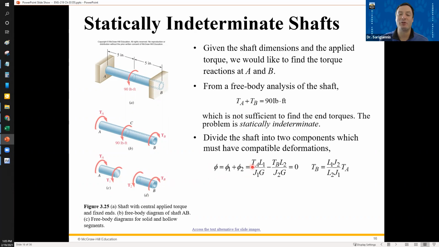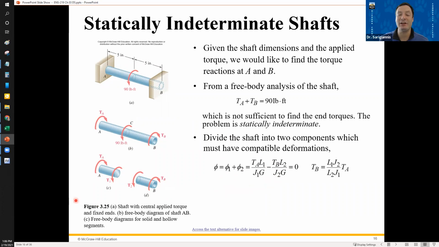And phi1 comes from the torque on A times the length, over J1, the polar modulus of this first section, and G, which is the stiffness of the material. And then you've got torque B times its length. Now, if the lengths are both the same, which in this case they are, and notice these are negative values.